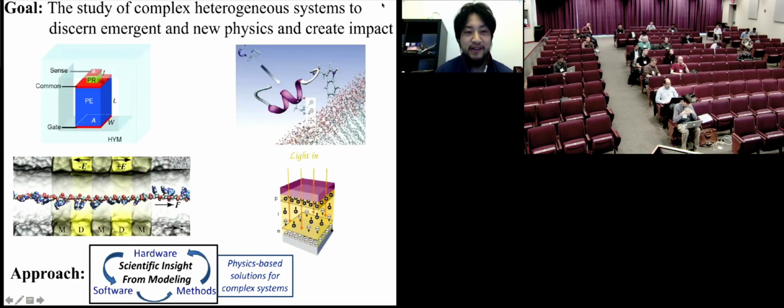For example, we have the next generation post-CMOS transistors, and we are interested in looking at the membranes, the DNA sequence, and the solar cells. These are all complex systems. By complex, I mean your simulation box is really large. You have hundreds and thousands of atoms, which is typically a very large problem for first principles calculations.